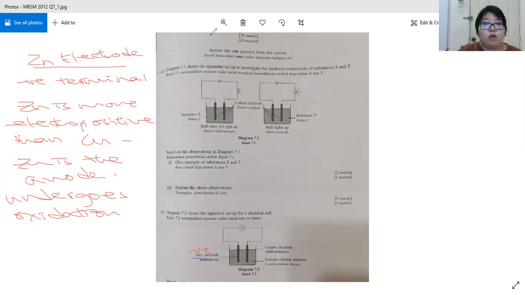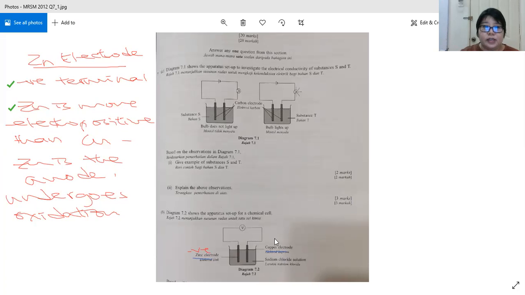The 4 points that you must have when you analyze this diagram. First of all, you get which is the negative terminal, which is the zinc. Now, the reason why it is a negative terminal? More electropositive. Compare with what? Compare with the other terminal that we use, the copper.